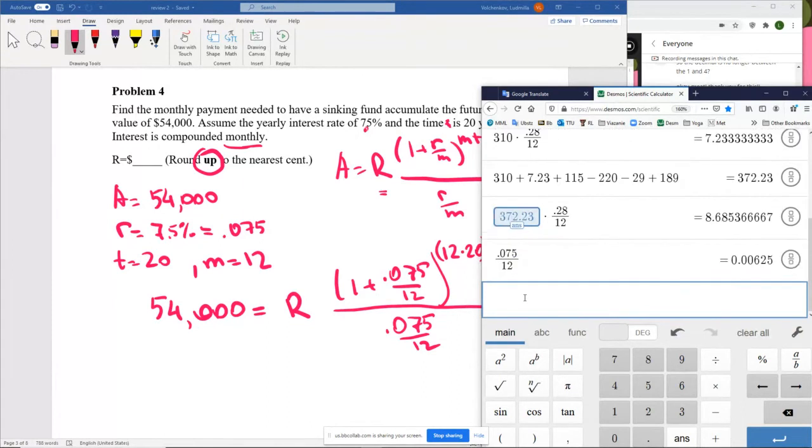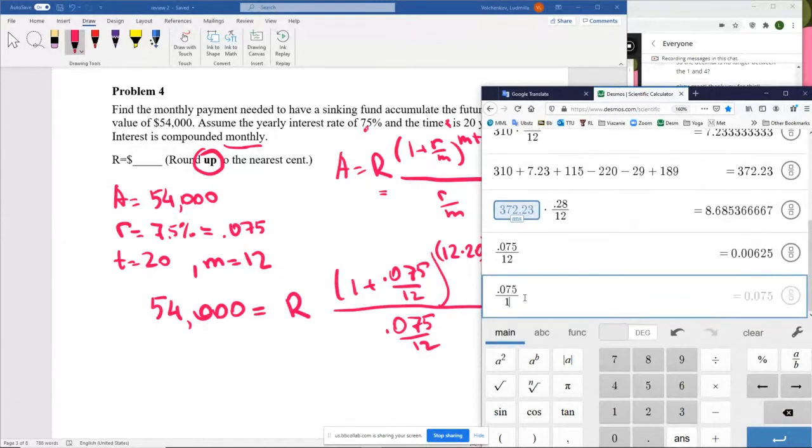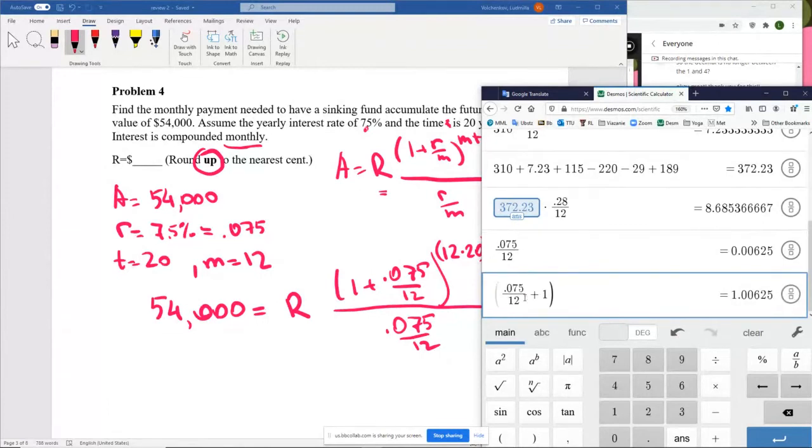Okay, so let us find the expression on the right. First, we want to find r over m plus 1, 0.075 over 12 plus 1. Then we raise it to the power, and this is the expression we will take in the parentheses, 12 times 20.